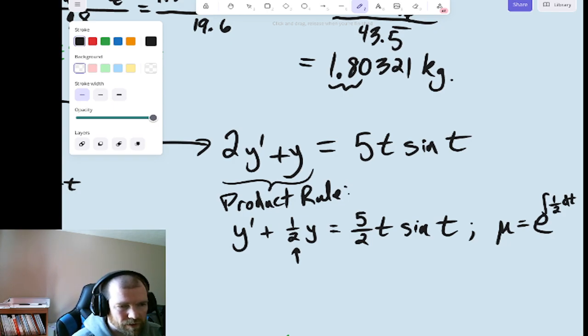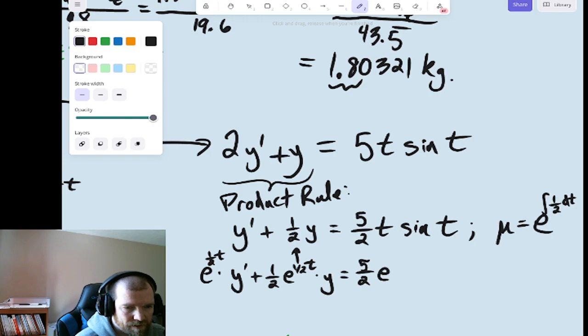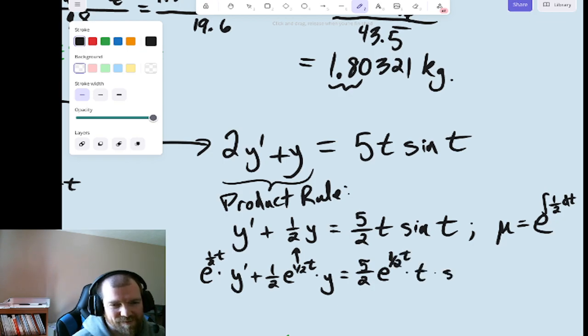So you get e to the 1/2 t multiplied by y prime plus 1/2 e to the 1/2 t times y is equal to 5 halves e to the 1/2 t times the sine of t.